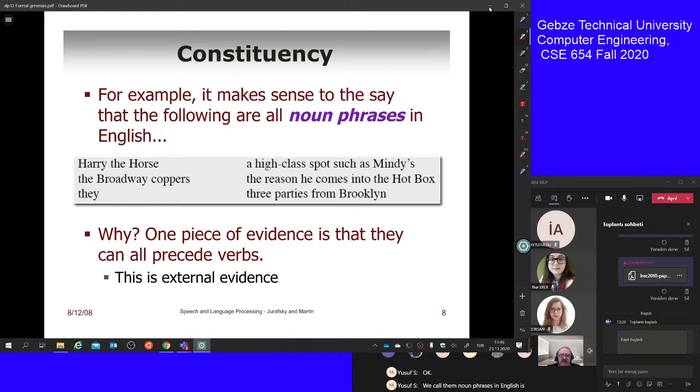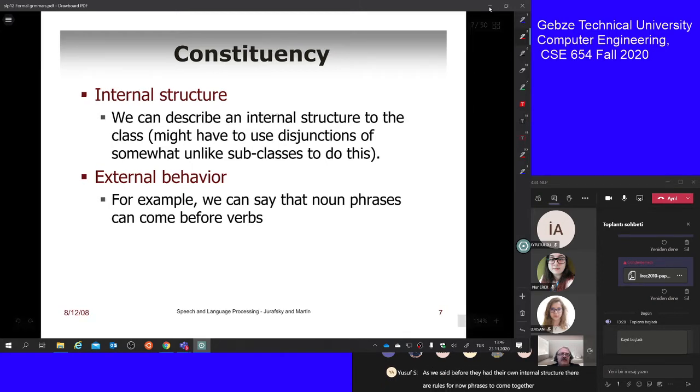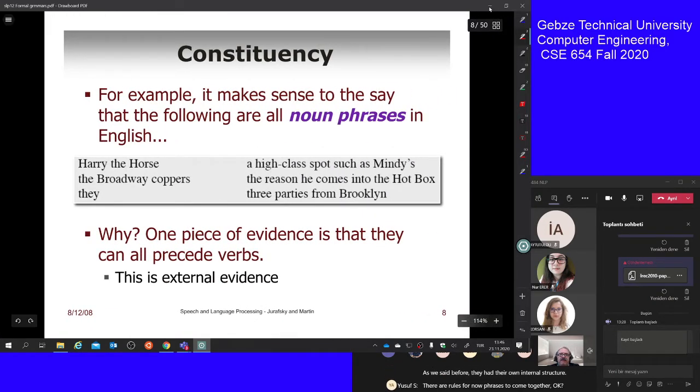İsim tamlamaları, noun phrases. These are constituents. They come together and we call them noun phrases. And these noun phrases, as we said before, have their own internal structure. There are rules for noun phrases to come together. For example, the three parties from Brooklyn has an internal structure.